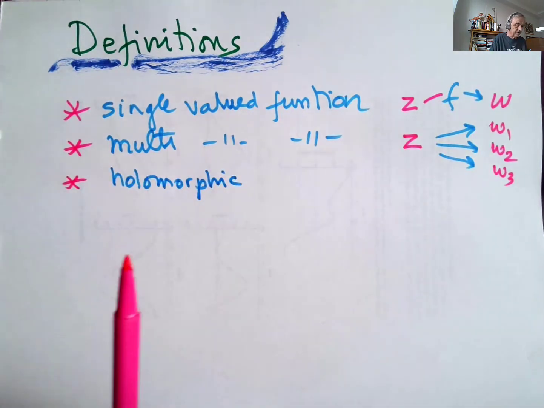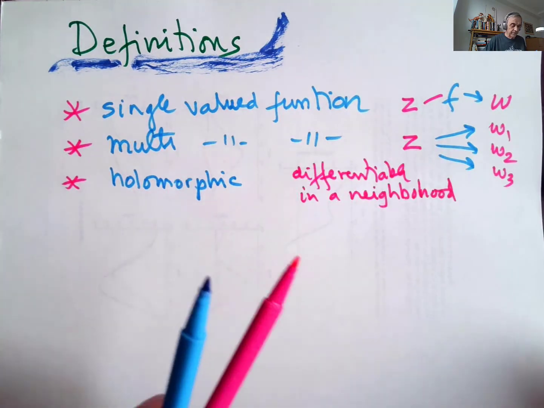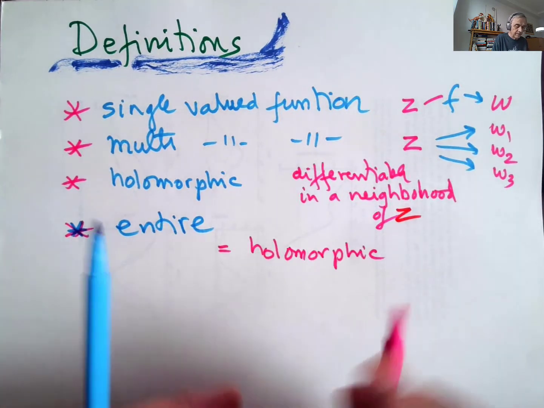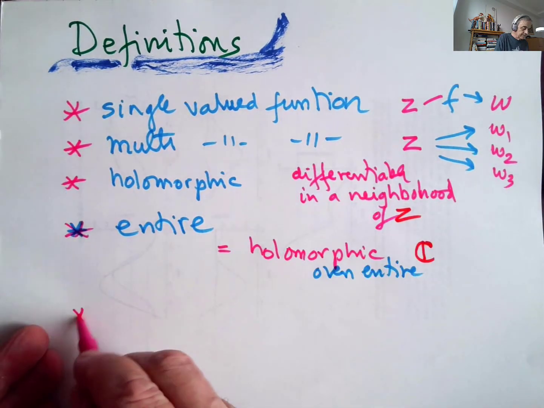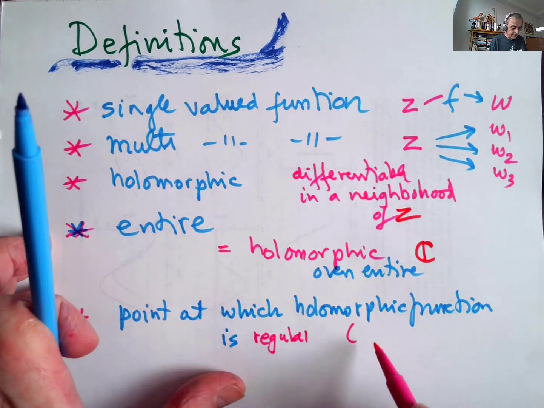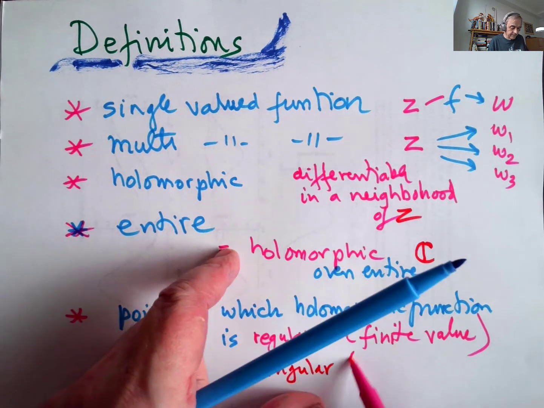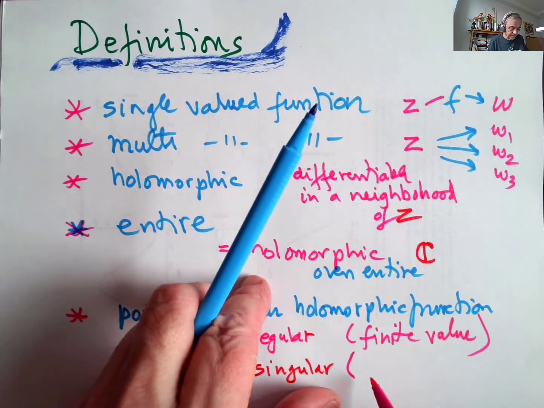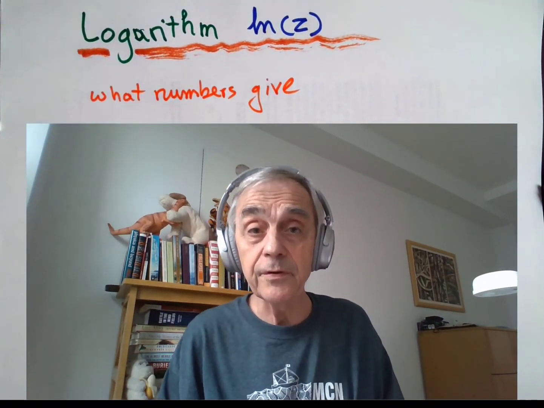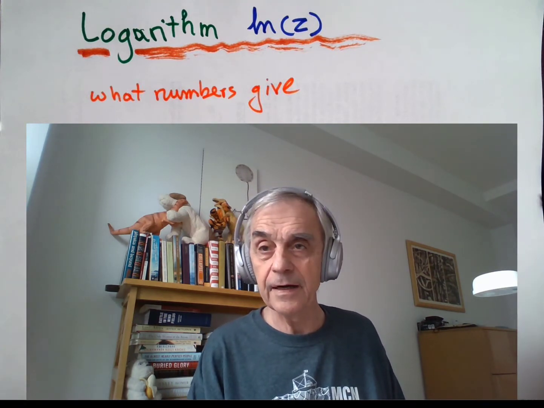Holomorphic means differentiable in an open neighborhood, and entire means holomorphic over the whole complex plane. There are two kinds of points: ones at which a holomorphic function has a finite value, or it's singular if the function has infinite value. We saw that the exponential is a beautiful function, nice and smooth, entire, defined every place.